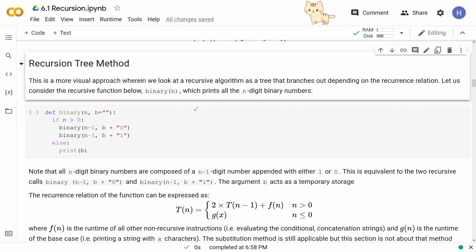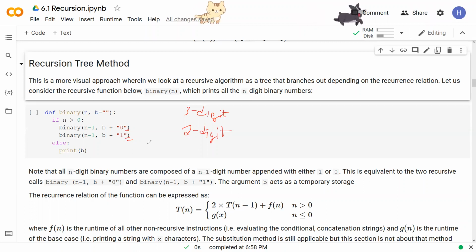So for example, we want to get yung ating 3-digit na binary numbers. So we get all the 3-digit binary numbers by first getting yung ating mga 2-digit na binary numbers, and then appending either 0 or 1.